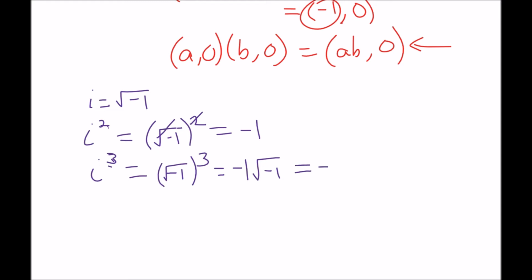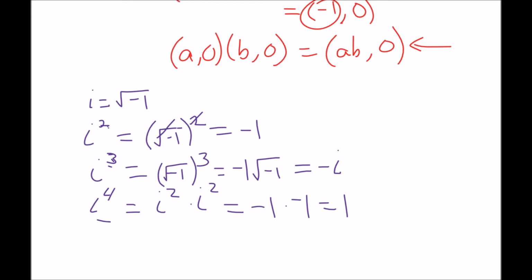And so we're left with -i. And then i to the 4th equals i squared times i squared, right? Because 2 plus 2 is 4, you add the exponents. And so we know that i squared is -1 times -1, and -1 times -1 is 1.